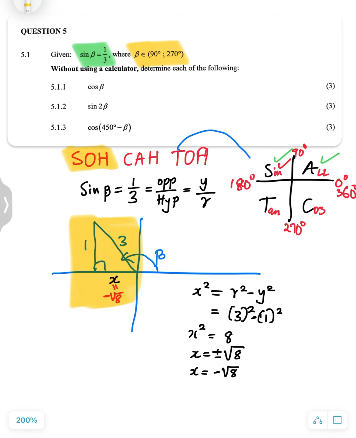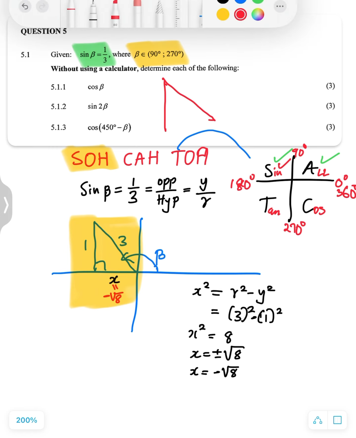Just remember that x is the negative root of 8. So when I answer the question, I can also put that here. This is the diagram to simplify.